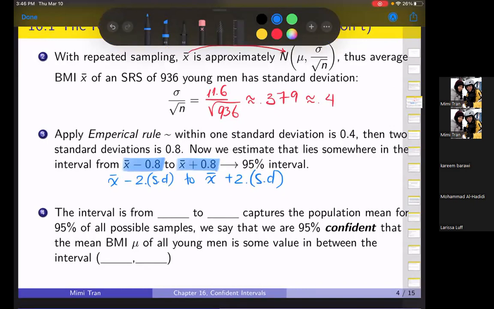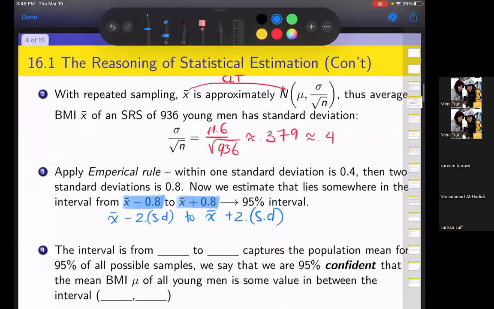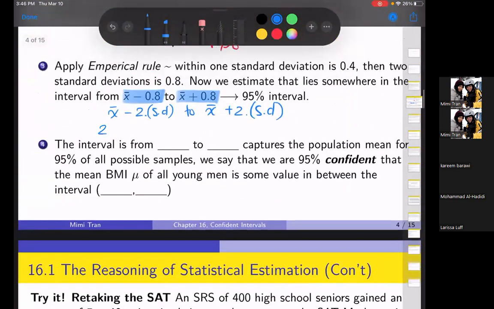Okay, so what do you get? X bar is 27.2 minus 2 times 0.4, right?